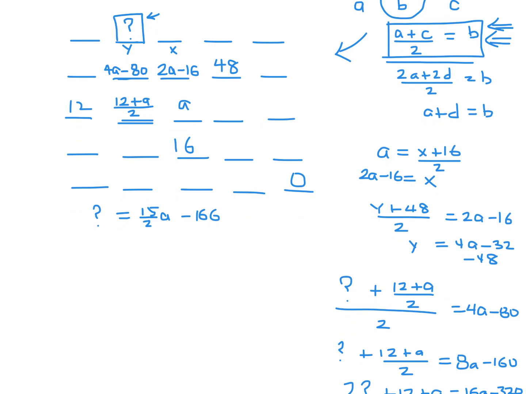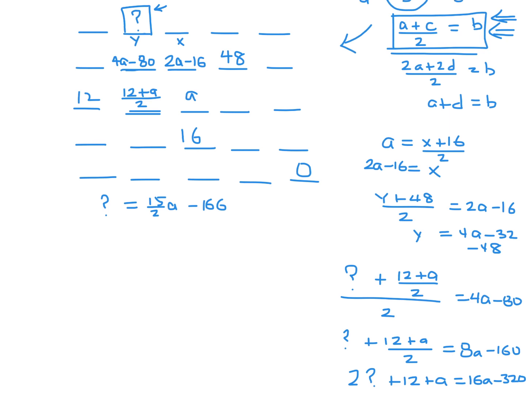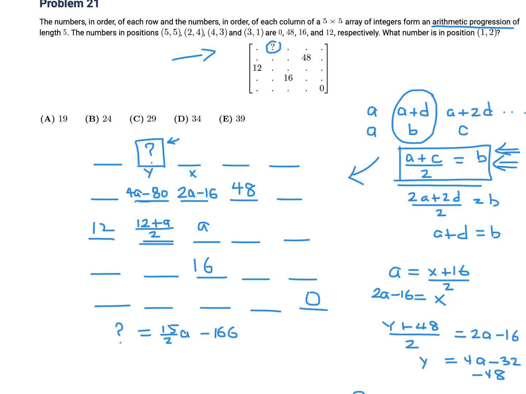I still have to get a number. I have it in terms of a, and I need a number. So how do I get a number? That's an interesting thing. How do I get a number here? I have to read the question again. These are the values of what a question mark could be.